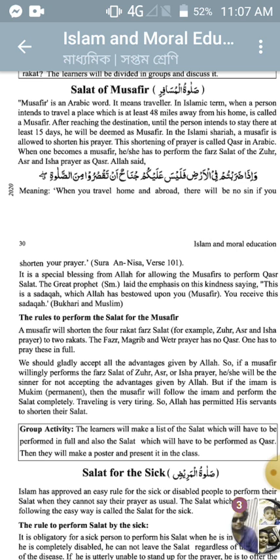But if the Imam is mukim, that means permanent, then the Musafir will follow the Imam and perform the Salat completely. Traveling is very trying, so Allah has permitted His servants to shorten their Salat. Okay.